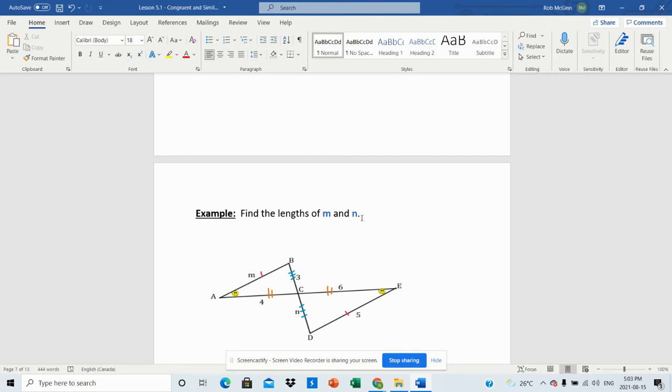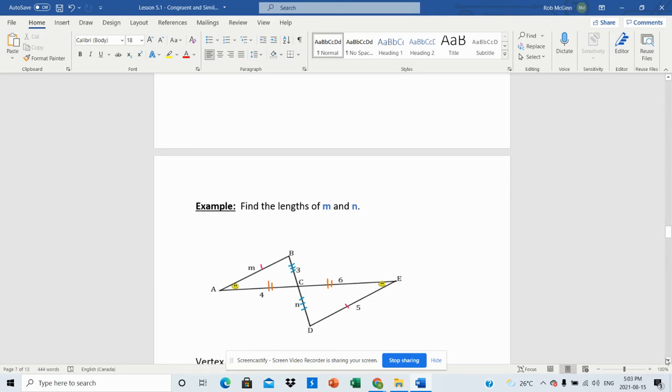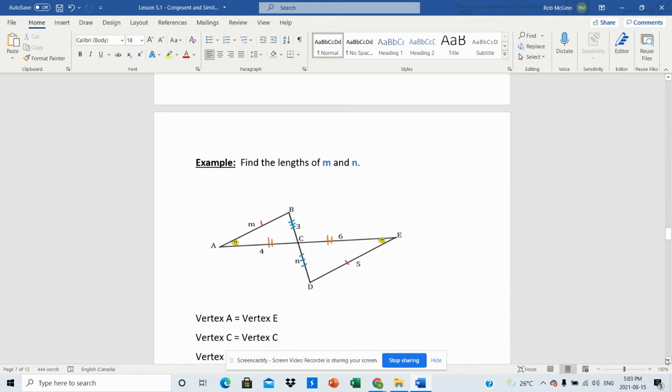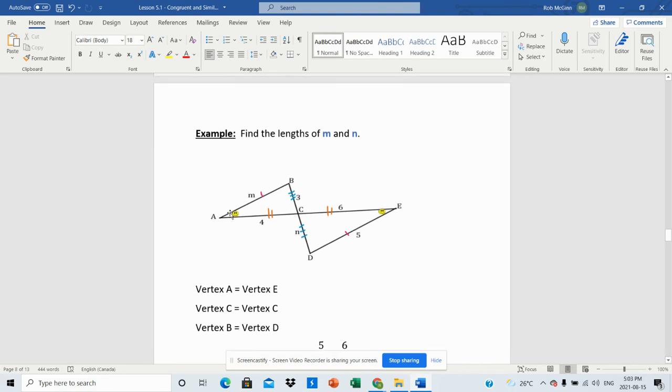All right, so let's take a look at our answer here. We're assuming these are similar triangles, and assuming that, we're going to use the properties of similar triangles to find the lengths of M and N. The first thing we're going to do is match them up. Vertex A and vertex E are equal, and we know that because the smiley face in both angle A and E means that they're the same.